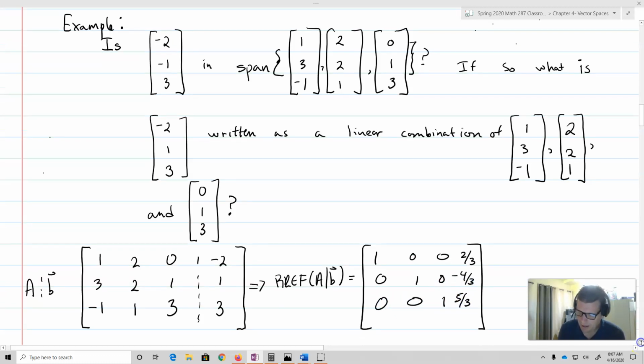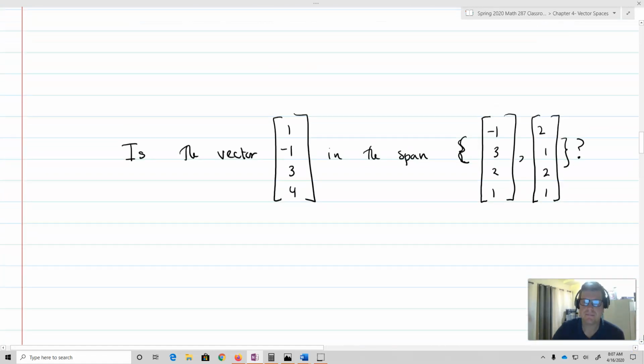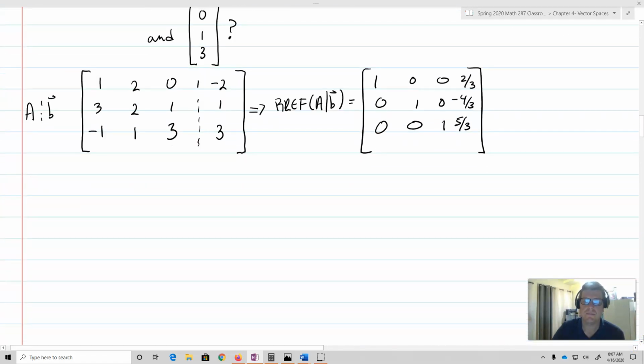As a solution to the system, that's going to be x1 equals 2/3, or rather, let's use c1 because we're looking for scalars. C1 equals 2/3, C2 equals -4/3, C3 equals 5/3.